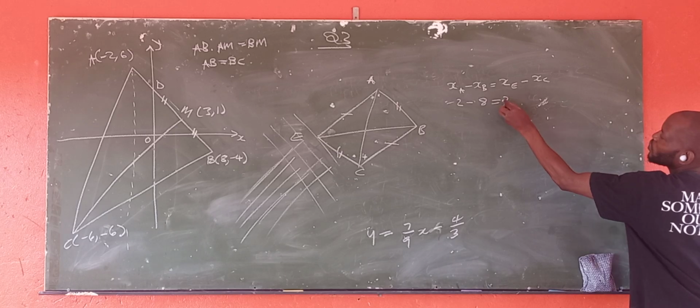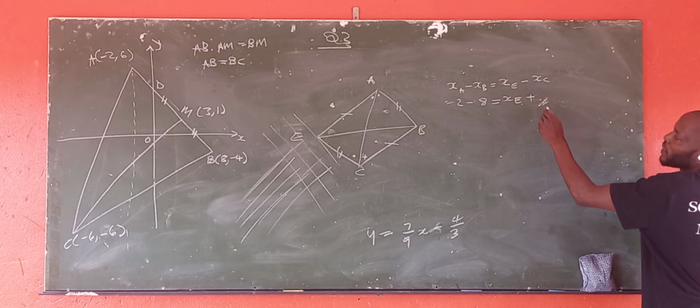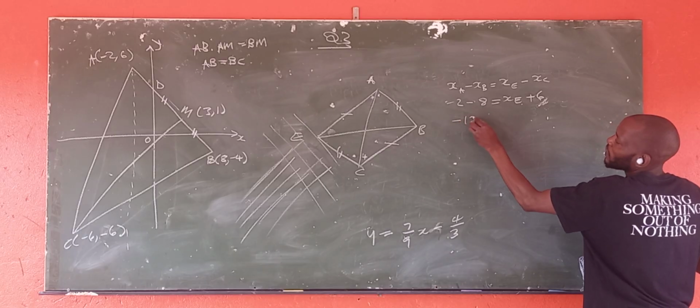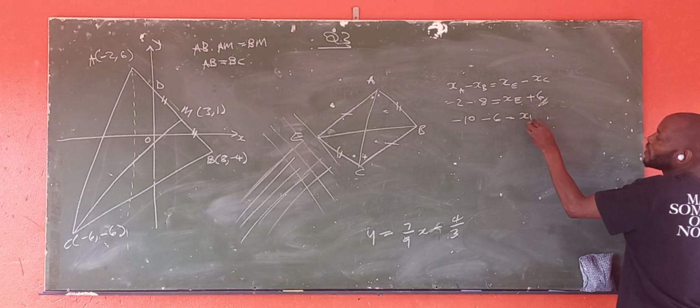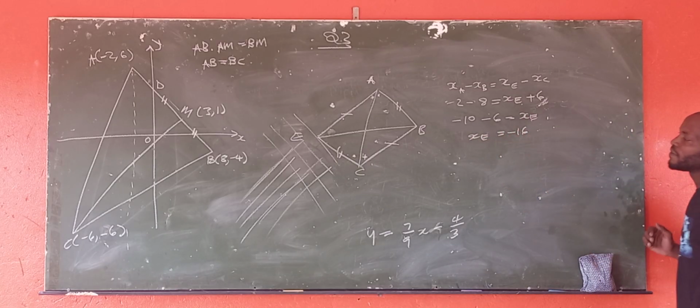It must equal x at E minus x at C. What is x at C? x at C is minus 6, so it will be positive. So we go to negative 10, and then negative 6 equals x at E, and x at E is equal to negative 16, right?